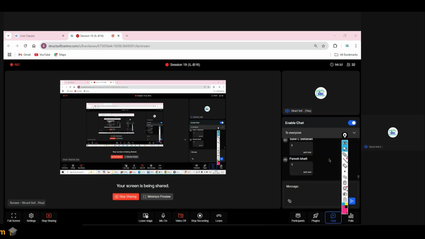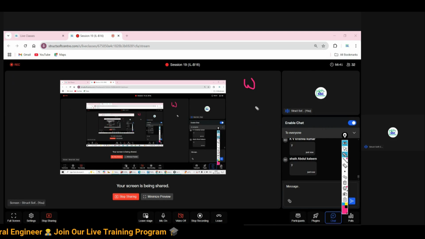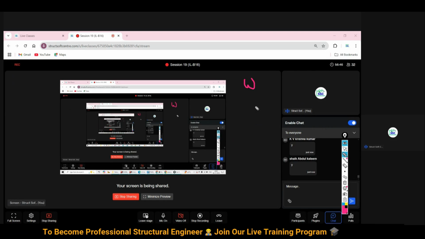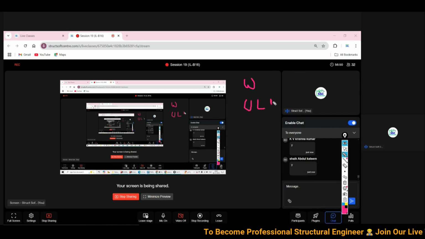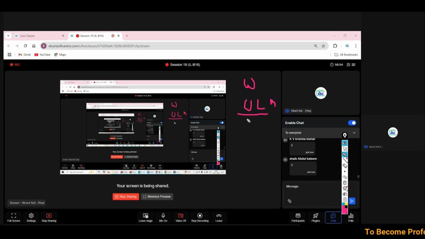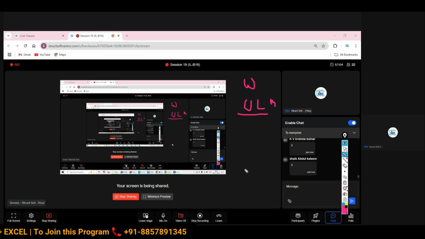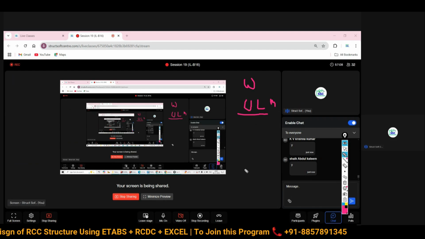Okay, with the working stress method, people found this problem. So they have taken the second approach, that is the ultimate load method. Now in this ultimate load method, we focus on the problem that happens with the working stress method. In the ultimate load method, the structure or element is designed for the ultimate load condition.